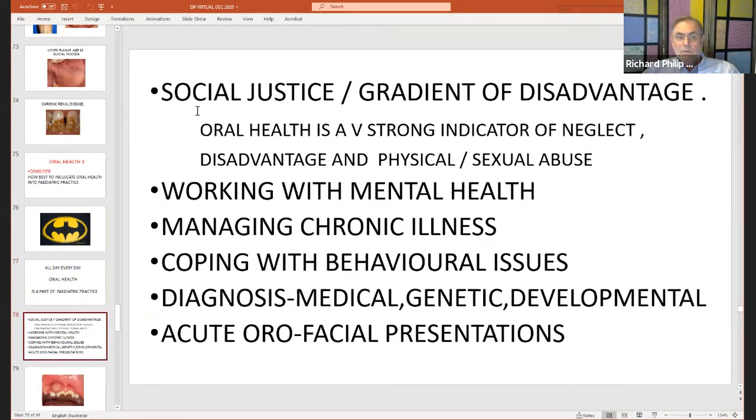It could come to you from the social justice gradient of disadvantage point of view. Children with oral health disease are usually a strong indicator of neglect, disadvantage, and sometimes physical abuse. Mental health issues: many children have poor oral health.